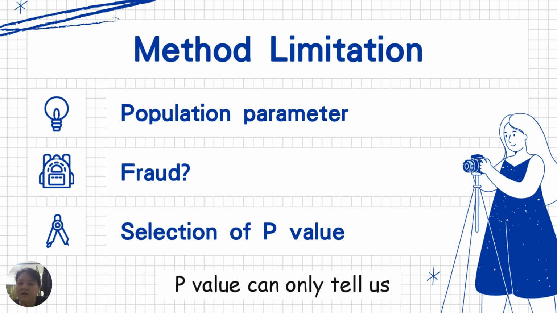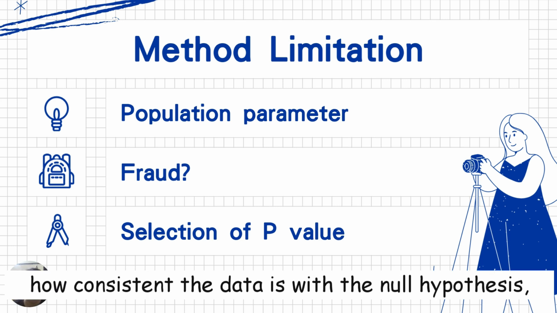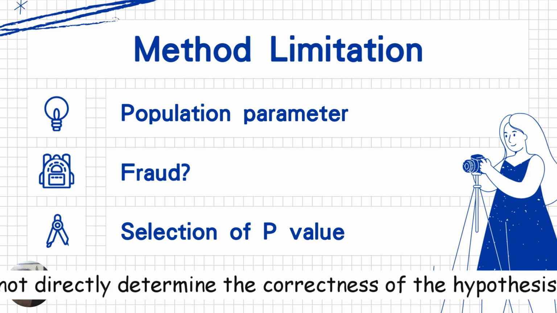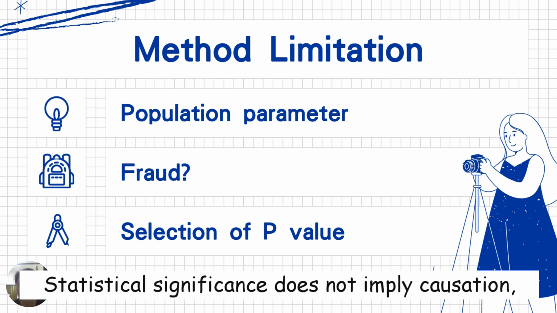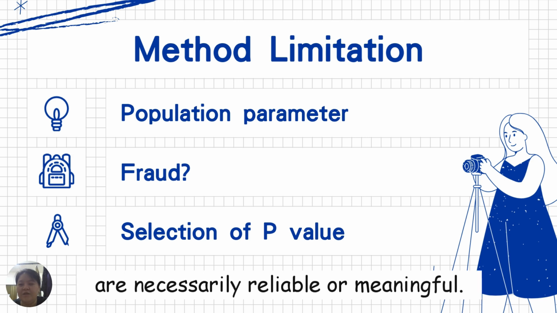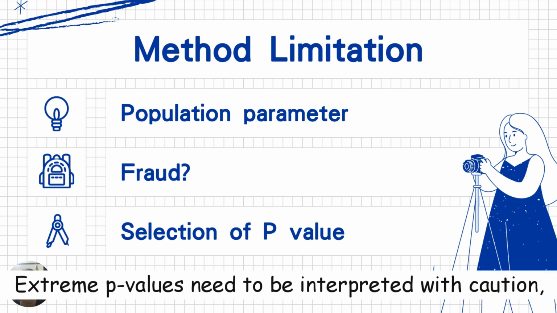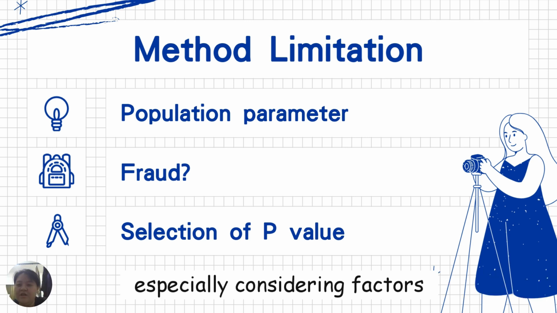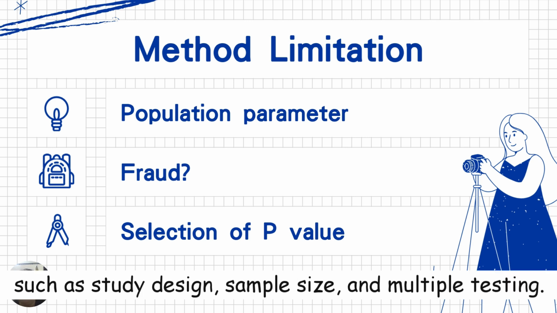The p-value can only tell us how consistent the data is with the null hypothesis, not directly determine the correctness of the hypothesis. Statistical significance does not imply causation, nor does it mean that the results are necessarily reliable or meaningful. Extreme p-values need to be interpreted with caution, especially considering factors such as study design, sample size, and multiple testing.